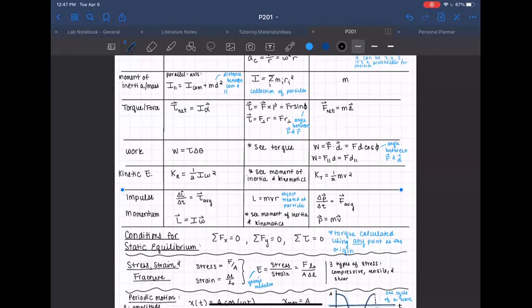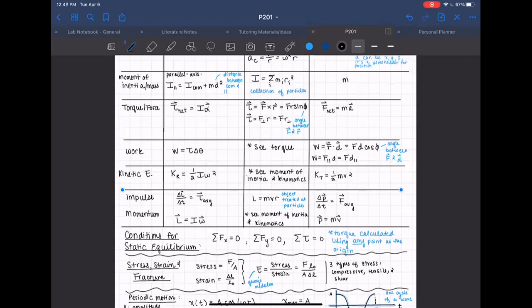And then as far as going between linear and angular momentum, if you can treat the object as if it's a particle, just some distance from the center that it's rotating around, you could just write angular momentum as MVR. Otherwise, you have to use the specific moment of inertia.